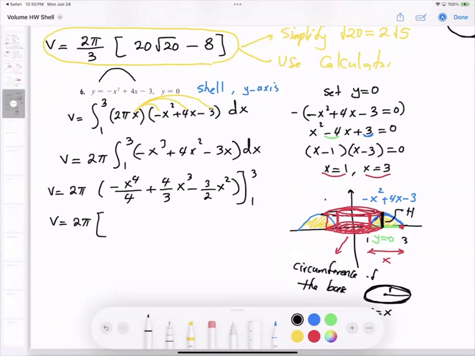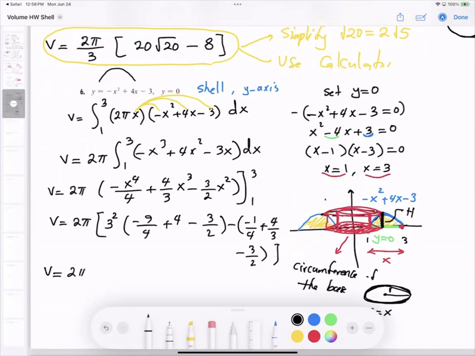Now I'm going to factor out 3 squared. I get negative 9 divided by 4 plus 4 minus 3 halves, minus, if I plug in 1, negative a fourth plus 4 thirds minus 3 halves.